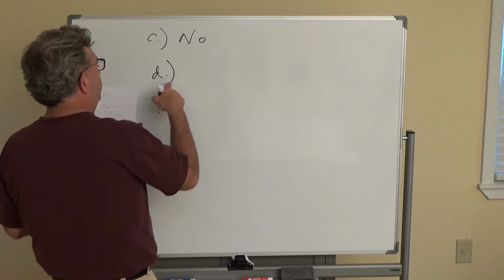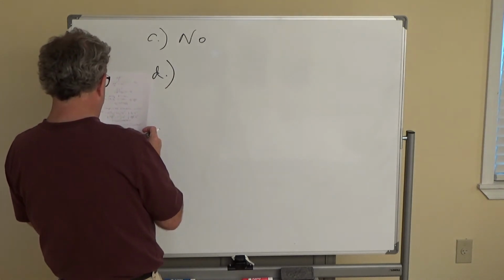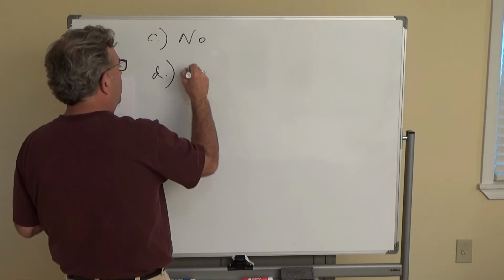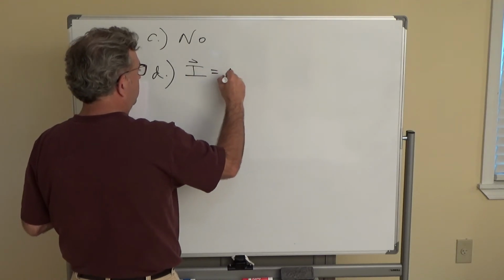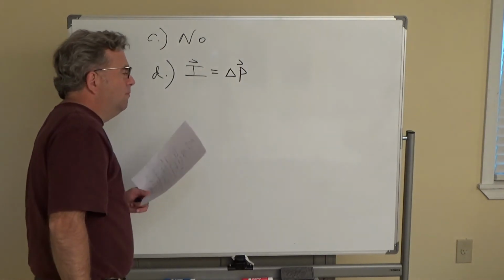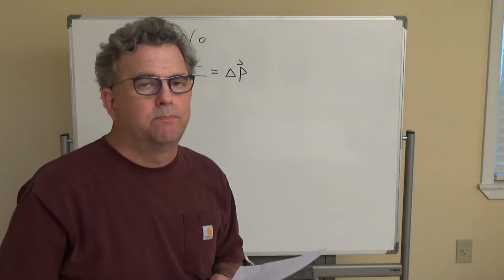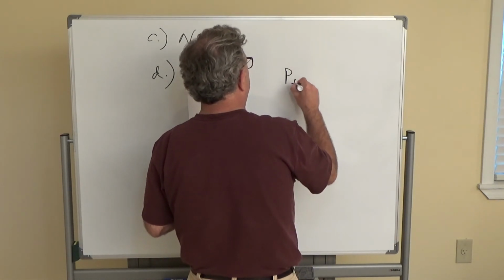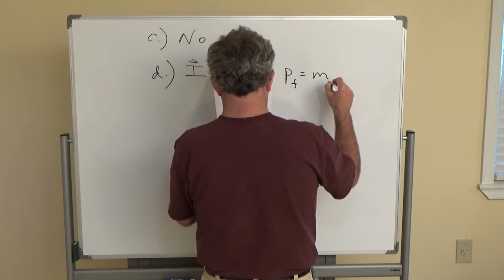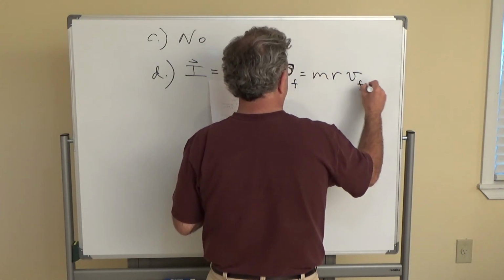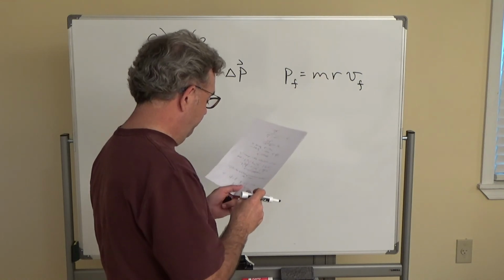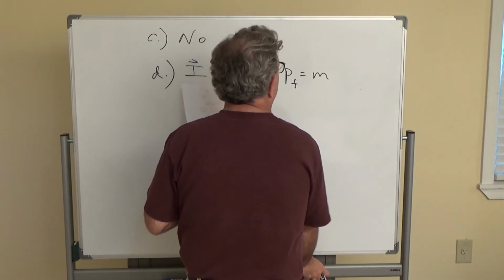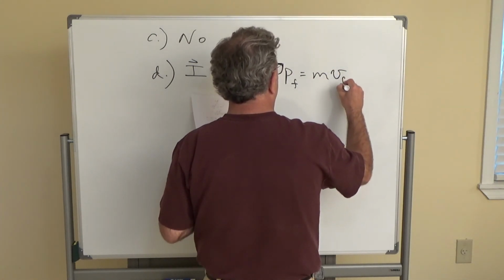So delta P, for part D, they said, calculate the impulse. We know that the impulse, it wasn't really way back, it was a little while back, is the change in momentum. So P final for the little piece of clay is equal to little m v final.